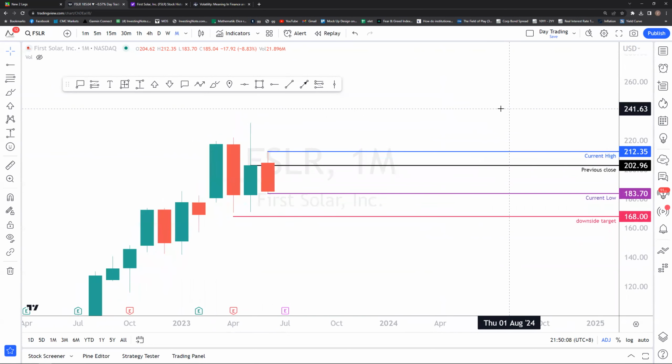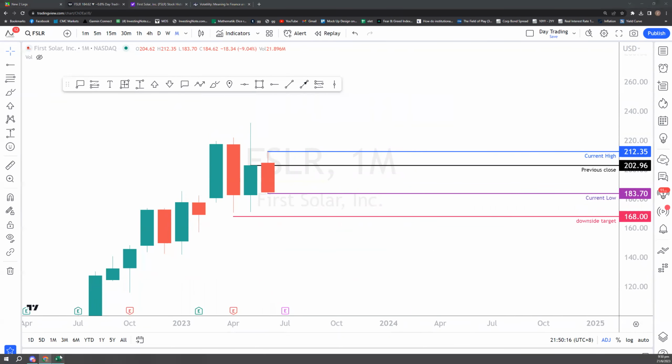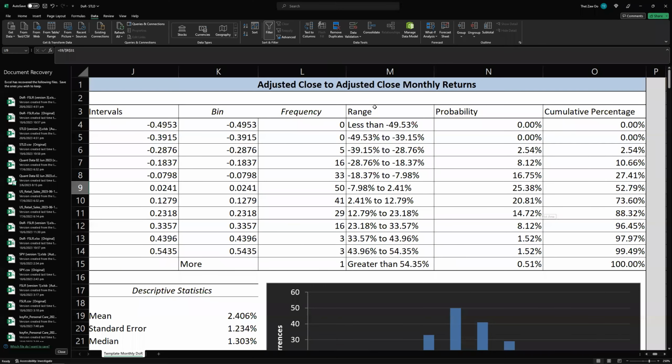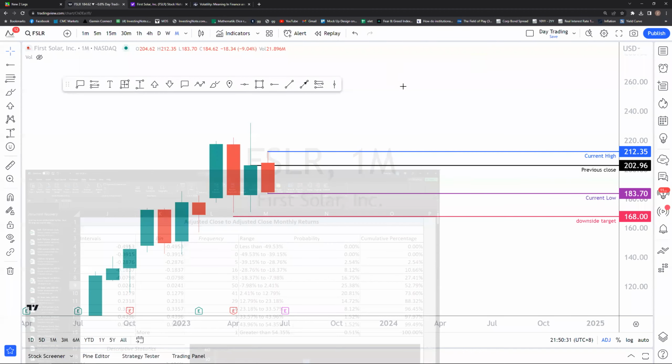So now let's apply the distribution of return. Because we are looking at close to close, we are looking at the previous close to this month's close. Although there are still about maybe 10 more days before this month's candle closes.